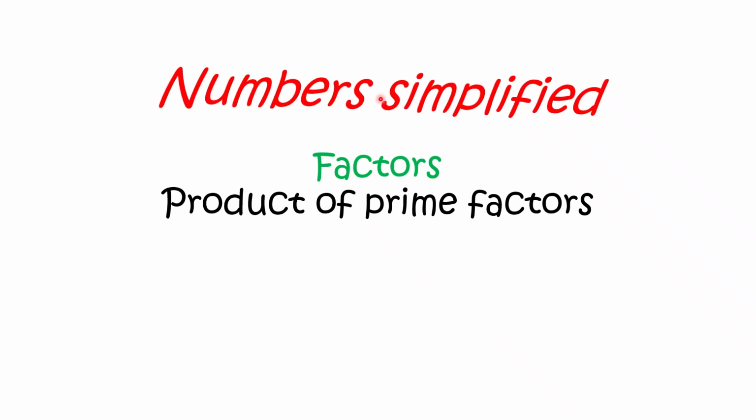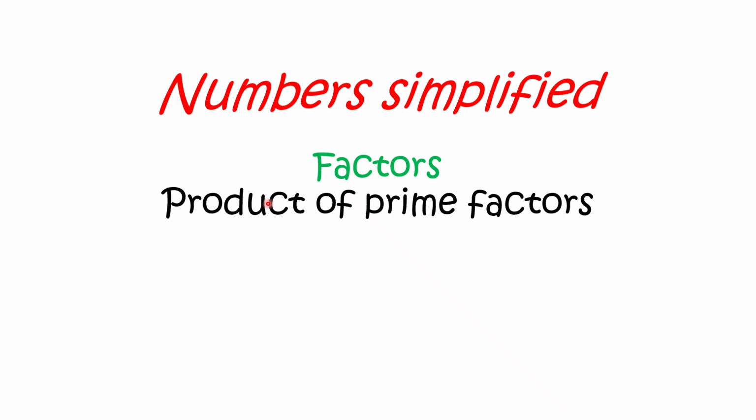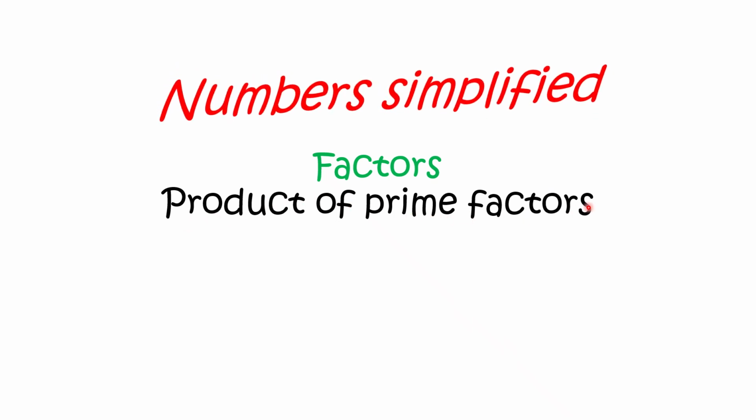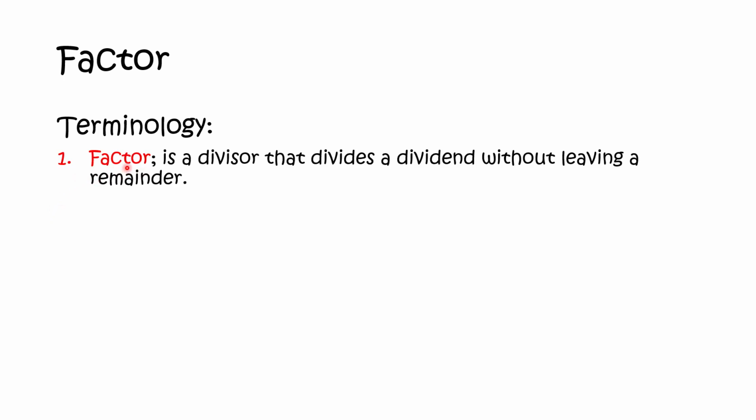Today, we'll be looking at factors, especially product of prime factors. Just to start with, the terminology. A factor is a divisor that divides a dividend without leaving a remainder. For example, we have 27 divided by 3.